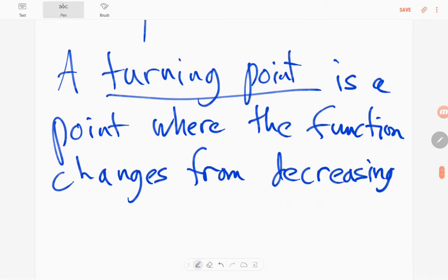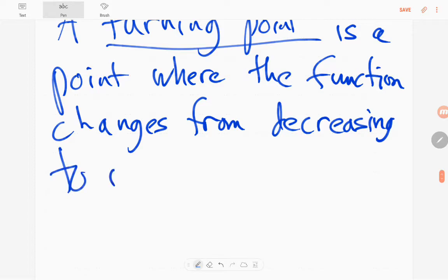A turning point is a point where the function changes from decreasing to increasing or from increasing to decreasing.